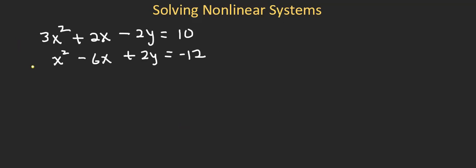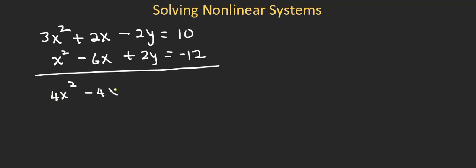Let's take a look at this example. We got two quadratic equations here. Notice you got negative 2y and positive 2y. So in this case, we're going to use the elimination method, meaning add them up. Since these two are opposites, when you add them up, you get 4x squared minus 4x equals negative 2.